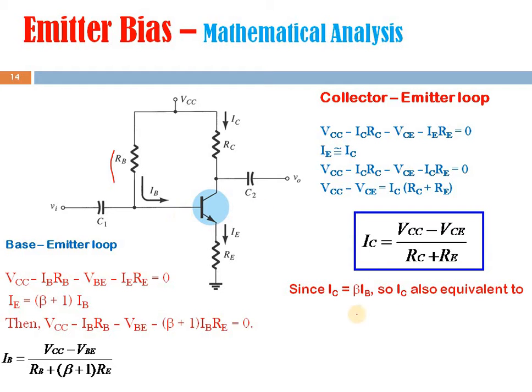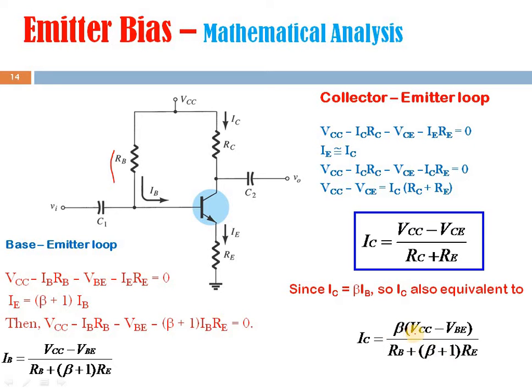So you know that IC is equal to beta into IB. So IC will be, IB is coming from this equation, so you can put it here, and now you see this IC again is proportional to beta, but in this equation there is a difference. Here this numerator is dependent on beta, of course, but this denominator is also beta dependent.